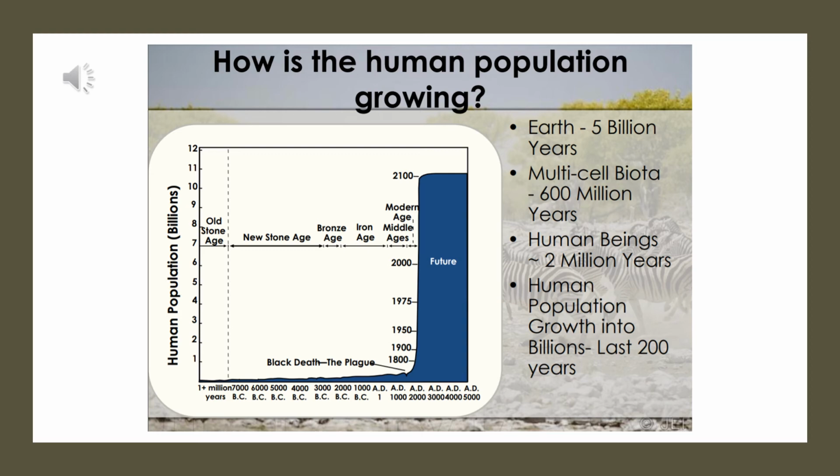How is the human population growing? This graph shows from 5 billion years ago to 2100 what the human population looks like. If you take a look at the graph, in between 1000 and 2000 AD, there's that little dip that shows the Black Death, the plague.